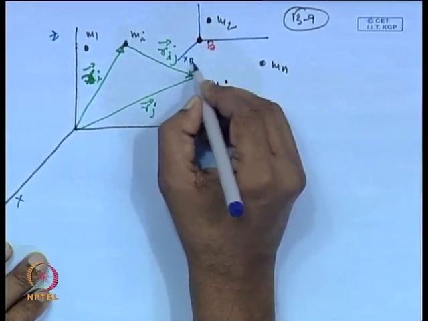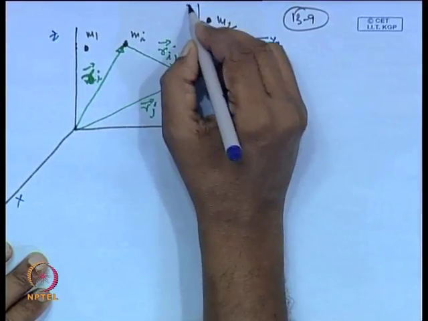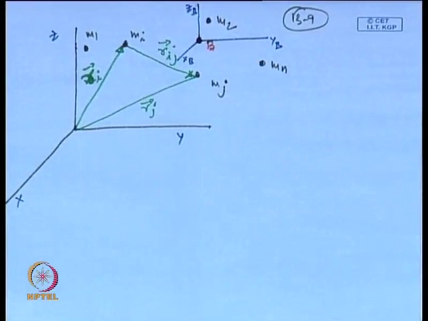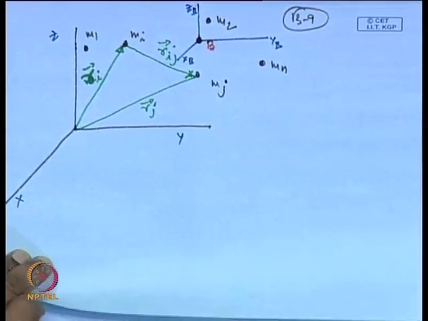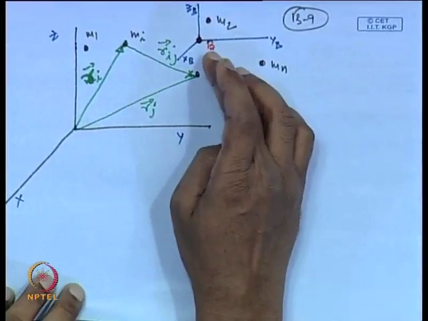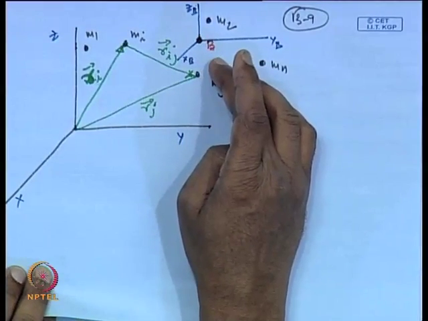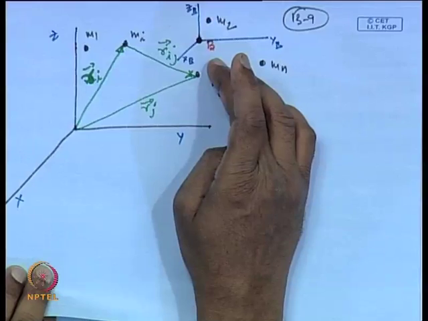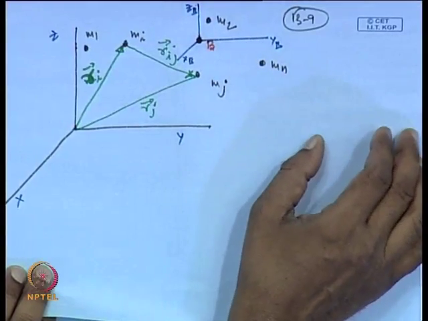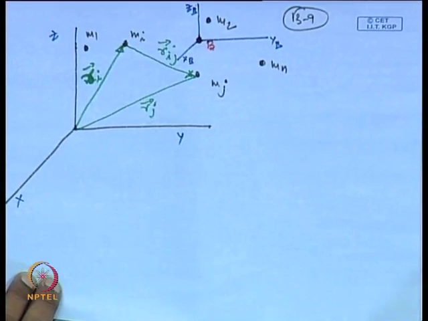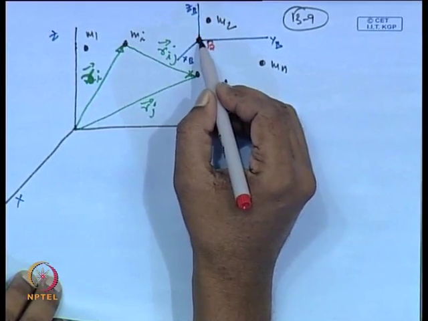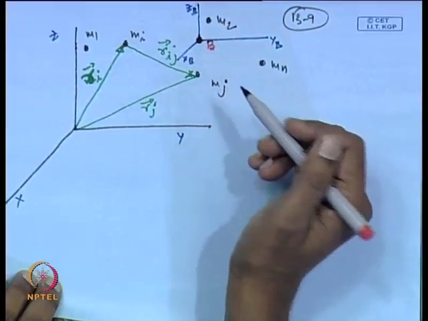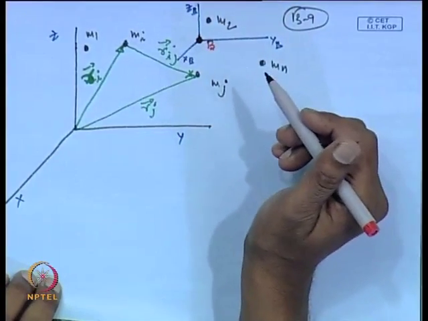So, this is x b, y b and z b, and we know the barycenter property, and we will also prove later on for the n-body system, that the barycenter velocity remains constant, that is, it does not accelerate. So, if it does not accelerate, we can fix a reference frame about this point and use it for the analysis of the motion.